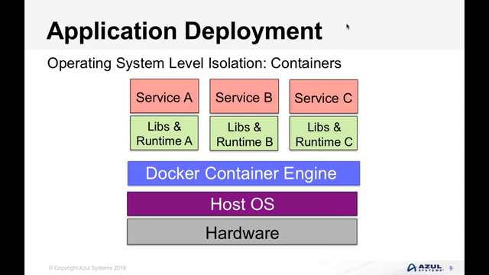And that is very important because it means that if one particular service has a problem, it has some sort of error in it, which means that it starts to use up more and more resources, if we didn't have that isolation, we would run into a problem where potentially one service could bring down all the other services that we're running on that hardware. By having the container engine limit the resources that are available to each service, if you get to a situation where one service has an error, it won't affect the other services.